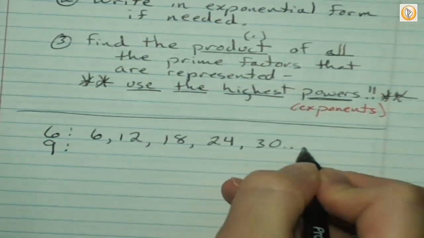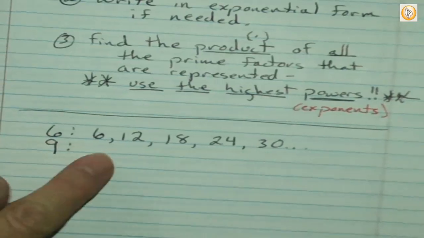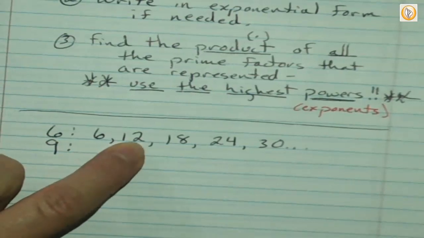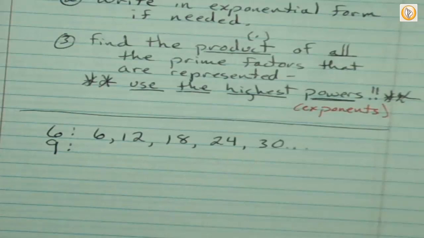Okay, we can stop there. That's your multiples, guys. This is the most common mistake on quizzes and tests: kids will start giving me factors. You're going to have to study and practice that. Multiples, think of multiply, we're multiplying. 6 times 1, 6 times 2, 6 times 3, 6 times 4, etc. That's going to be on y'all to memorize which is which, okay?